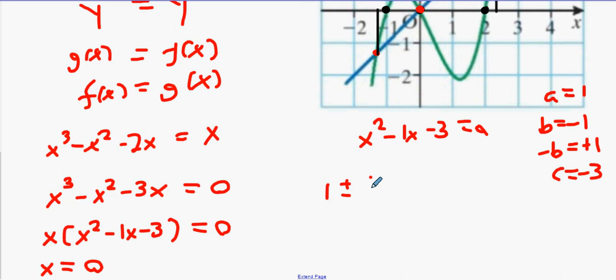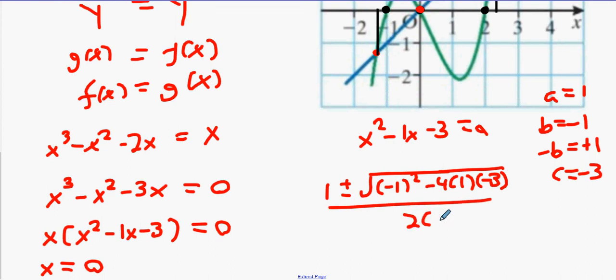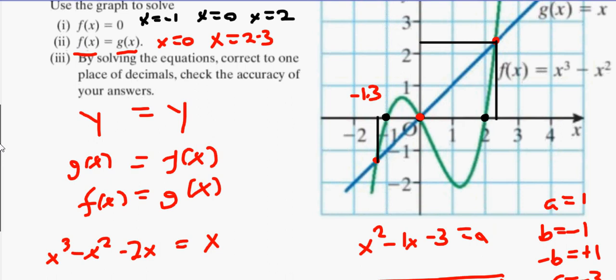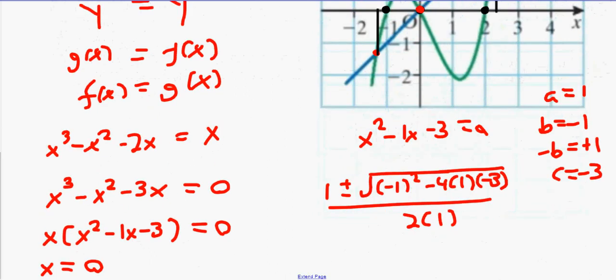We're going to go for 1 plus or minus. Somebody do this for me. 1 squared minus 4 times 1 times minus 3, all over 2 times 1. I'm hoping I get an answer roughly of minus 1.3 and 2.3. Let's find out.